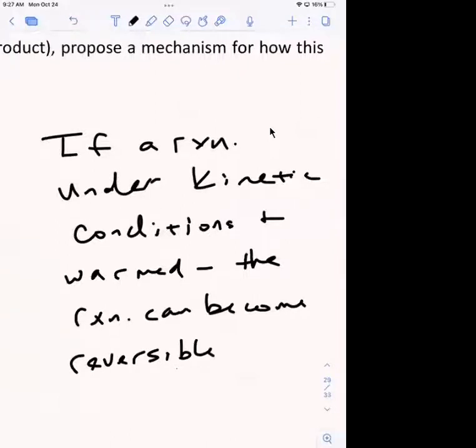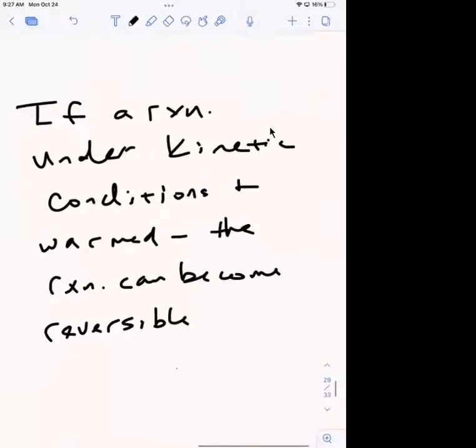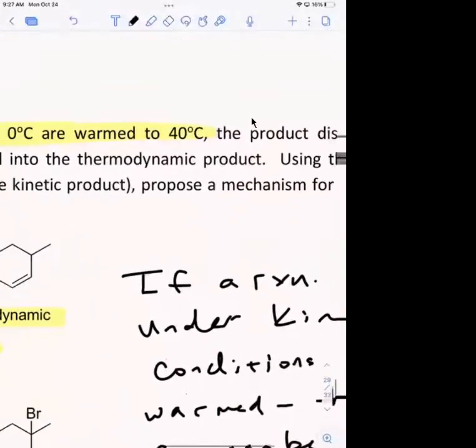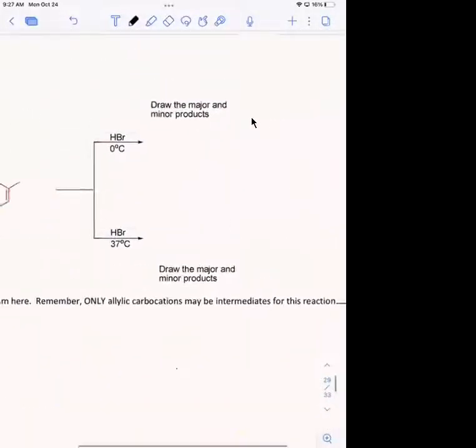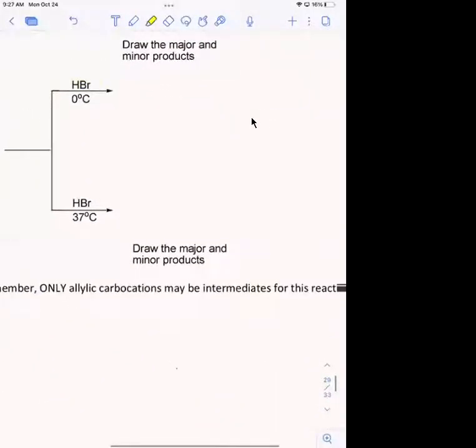Right, but then I guess it would say HBr, and then it would say like 2 degrees Celsius. And then like here, you predict the product, kinetic. So the conditions have to be given.